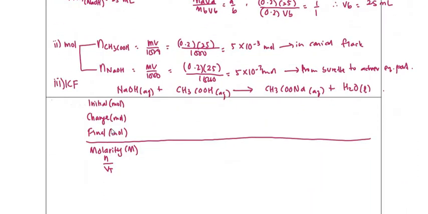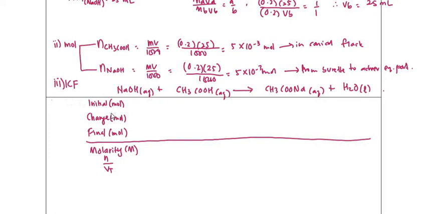Okay, after you get the moles here, you have to do the ICF table. When I say ICF table, you have to start with the equation between NaOH and ethanoic acid. As usual, all the species are in aqueous phase except your H2O. You must use the single arrow because this is a neutralization reaction.